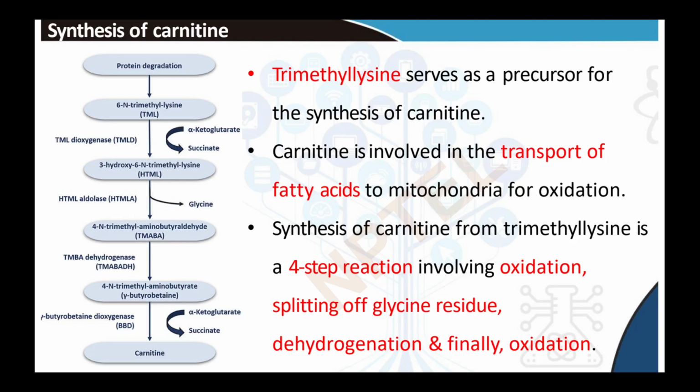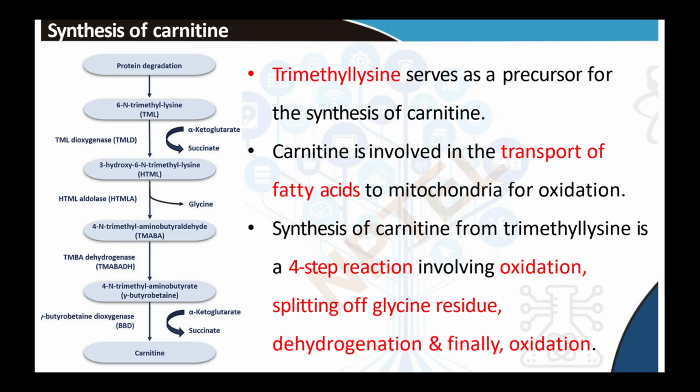The first step in the pathway is trimethyl lysine dioxygenase, where oxidation of trimethyl lysine occurs to form 3-hydroxy trimethyl lysine. Then the second step is HTML aldolase, where a glycine is released from this molecule, and the product is 4-N-trimethylaminobutyraldehyde, abbreviated as TMABA.